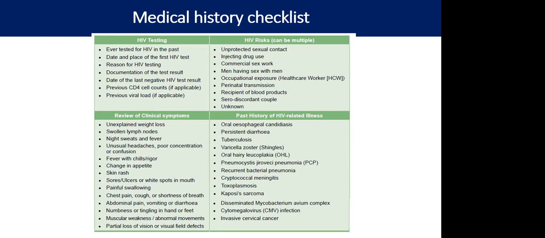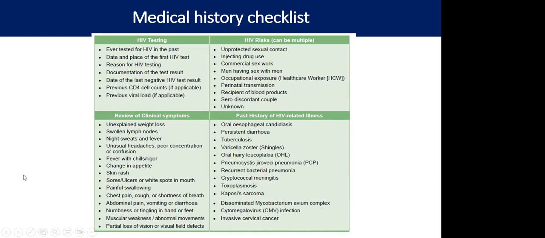Unprotected sexual contact, injection drug use, commercial sex work, men having sex with men, occupational exposure, healthcare worker, perinatal transmission from HIV infected mother to infants, recipients of blood and blood products, multiple blood units, serodiscordant couple, etc. And review of the clinical symptoms: unexplained weight loss, swollen lymph nodes, enlargement of lymph nodes, whether due to TB or malignancy or lymphoma or cryptococcal lymphadenitis or secondary syphilis, all need to be looked into.